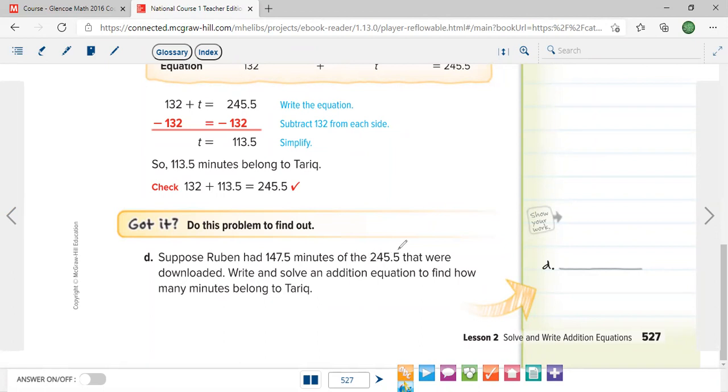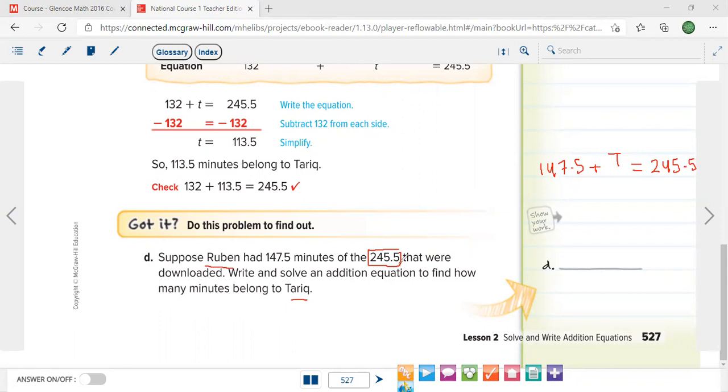So this is the number that Robin and Tariq are together. So if we say that the minutes of Tariq is T, the equation is 147.5 plus T, the minutes of Tariq, they are all 245.5.